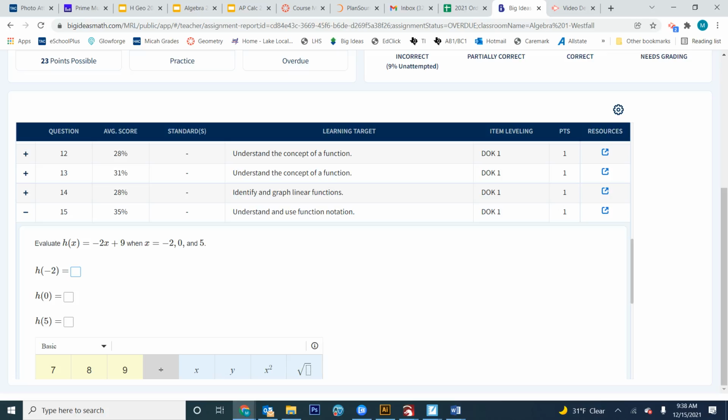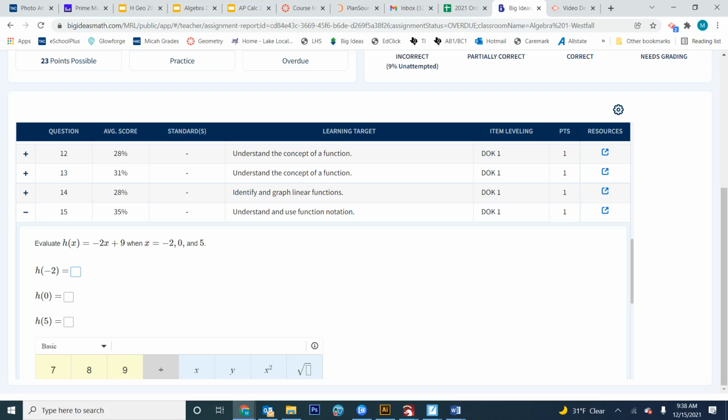Okay? H of 0. Well, what that means is H of 0 equals -2 times 0 plus 9. What's negative 2 times 0? Plus 9. So you would type 9 in right there.